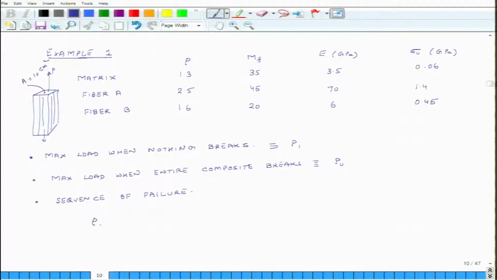So, rho c is, this is the expression we had developed earlier, 1 over mm by rho m plus mfa by rho fa. So, mfa is the mass fraction of fiber A and rho fa is density of fiber A, plus mfb by rho fb.